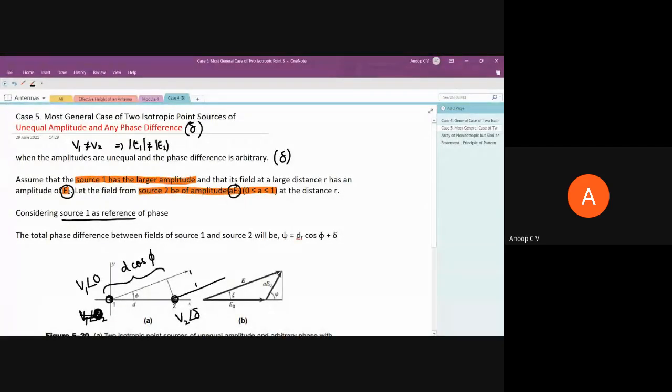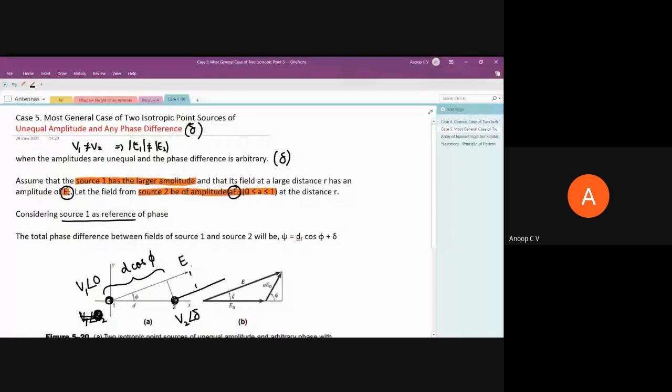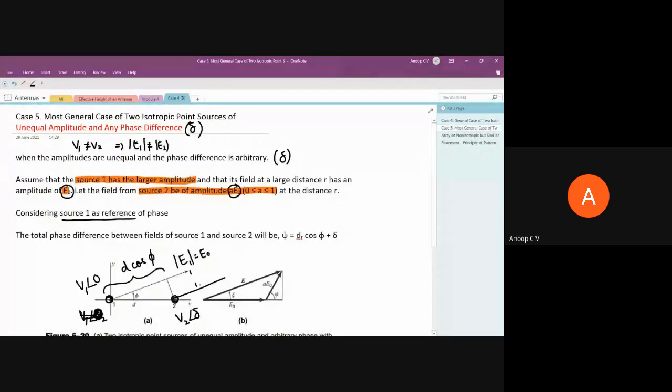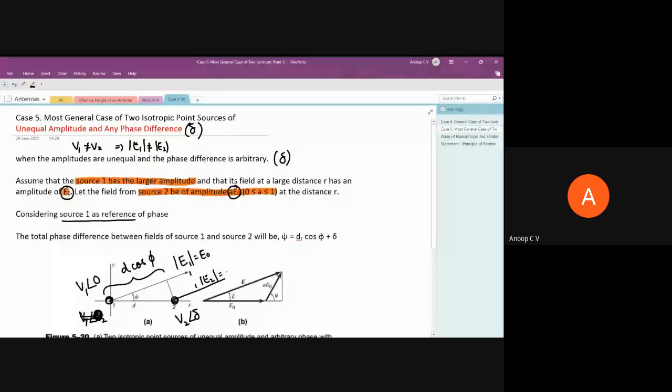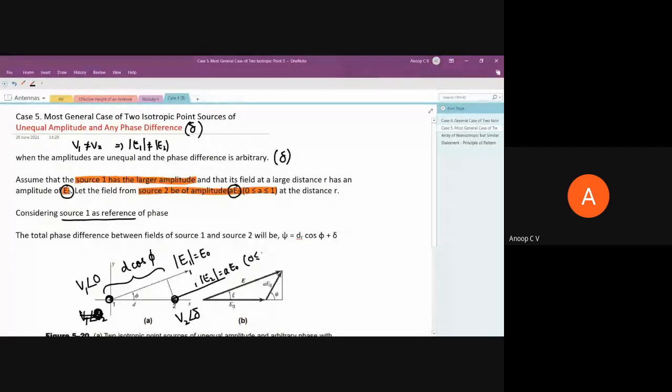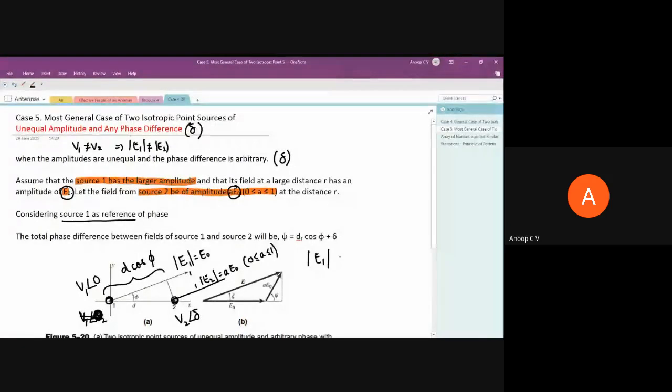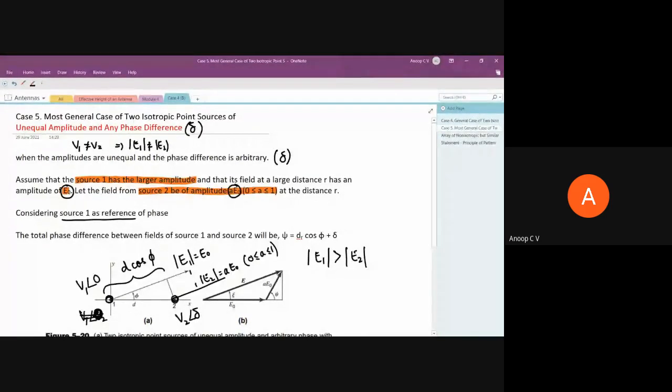Say the field here due to source 1 is E1, where the magnitude of E1 is E naught, and due to source 2 it is E2, where the magnitude of E2 is A times E naught, with A between 0 and 1. Which means the magnitude of E1 is greater than the magnitude of E2.